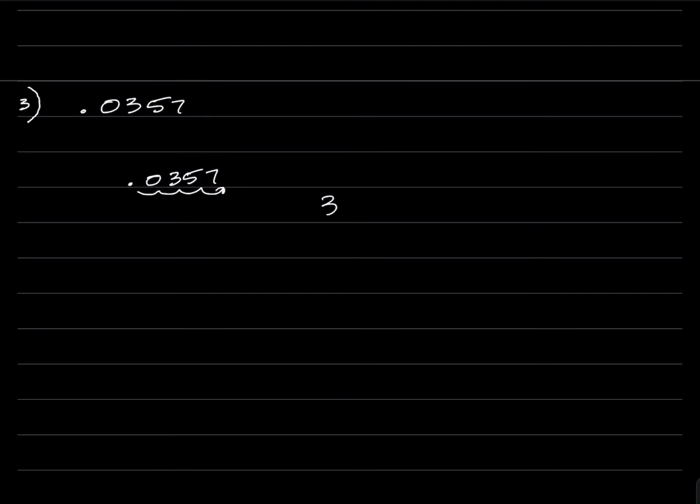So we have 4 decimal places. So we'll write the numeral 357. We're going to divide it by 4 zeros. So 357 divided by 10,000. So moved it 4 decimal places in the top, we put 4 zeros in the bottom. Because this is a proper fraction, the numerator is smaller than the denominator, we can't write this as a mixed numeral. So that would be our final form for our answer.